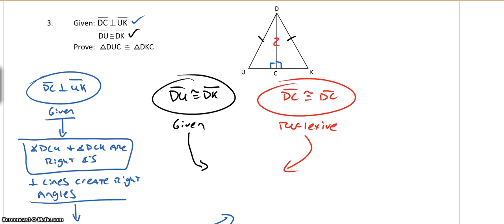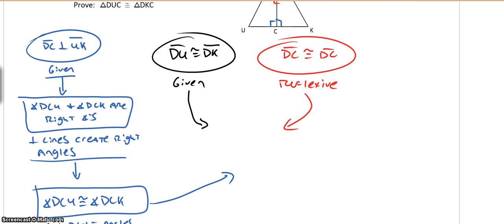And we're all going to the main idea, which is to prove the triangles congruent. So we can see our statement there. So let's make that a box. And we have triangle DUC is congruent to triangle DKC.